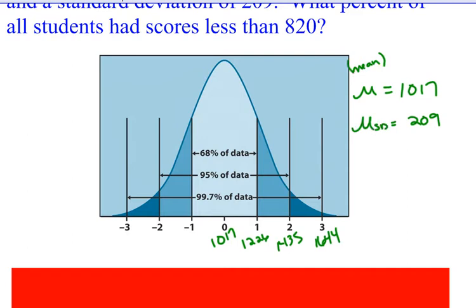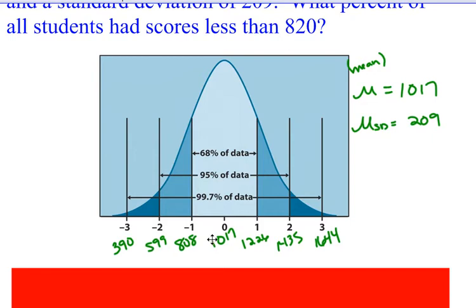So when I subtract 209 from each of these, I'd get 808, 599, and 390.